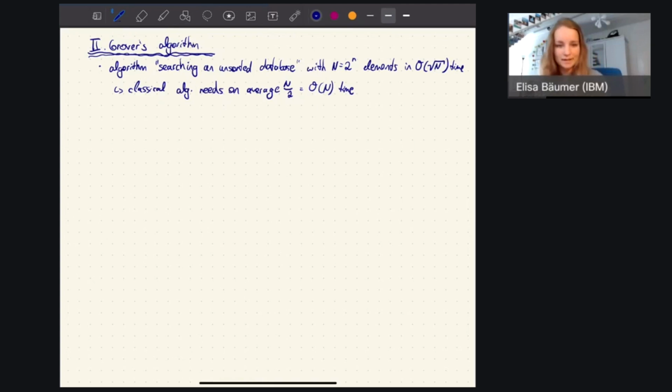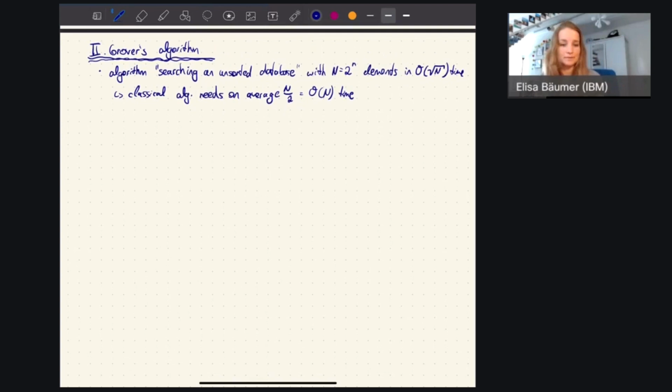So this is the main idea behind it, and that's why it's important that, yes, you can think of the phone book example, but you need to make sure that this is actually not a suitable example, because that's not something that could be implemented easily by an oracle. That would not take less time than classically. But in general, we just now call it a search algorithm, and we want to find some element w, which may be a solution to a satisfiability problem or a name in a phone book, whatever.